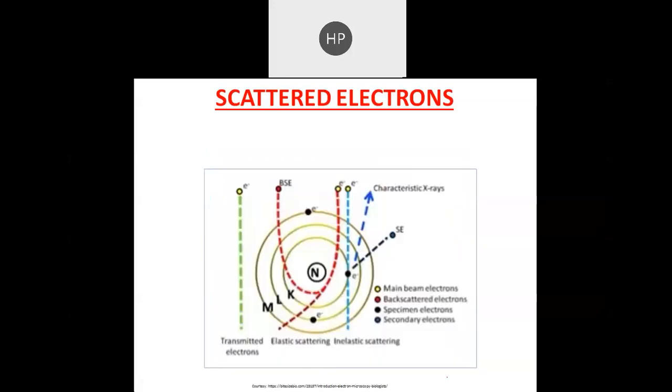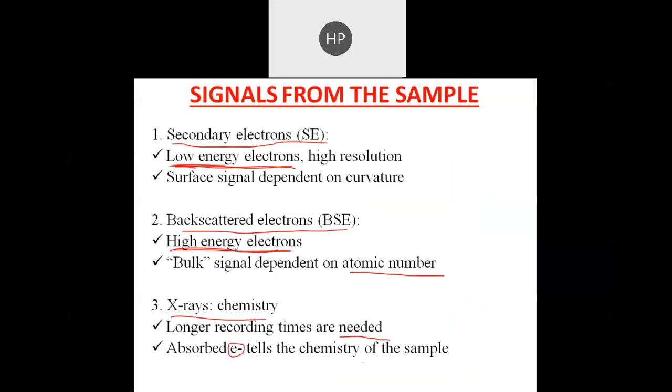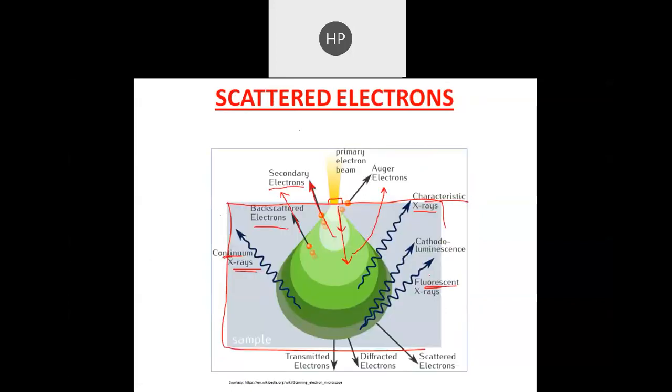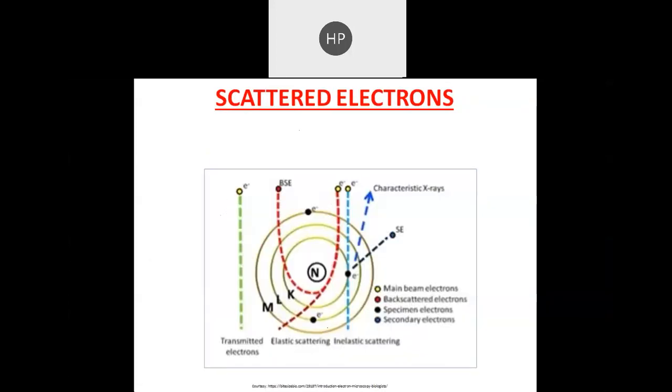If you see this diagram here, each atom of the specimen has a certain electron range. As we told earlier, it depends upon the atomic number, meaning the higher the number of electrons, the higher the atomic number.